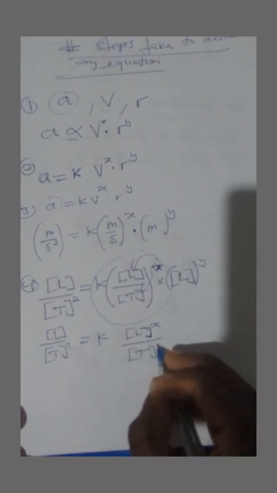So we say L over T squared will be equal to the constant, then we distribute, meaning the dimension L to the power x over the dimension T to the power x, and we multiply by L to the power y, like that.